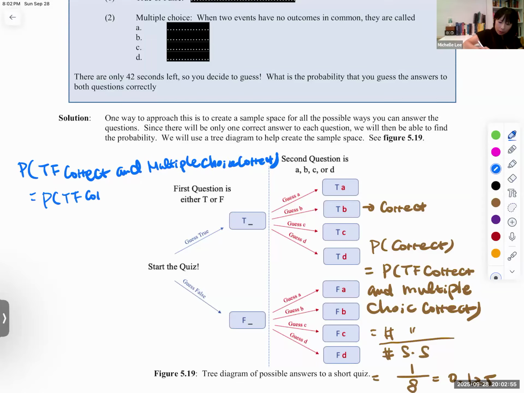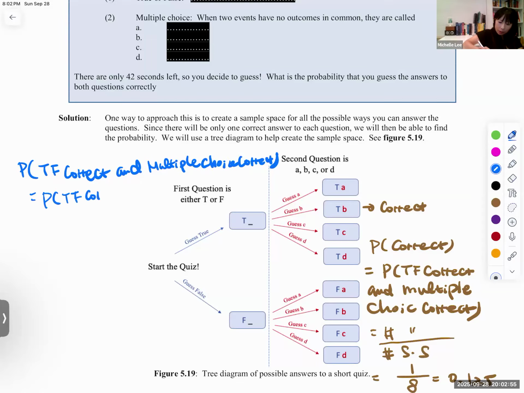Okay, so what's the number of true-false correct over the number of sample space, and then the number of multiple choices correct divided by the number of sample space.